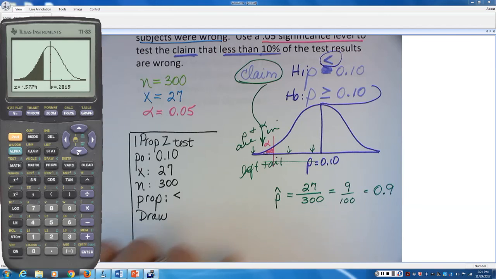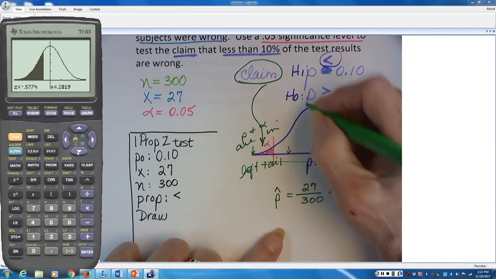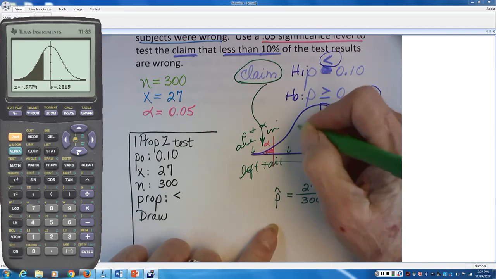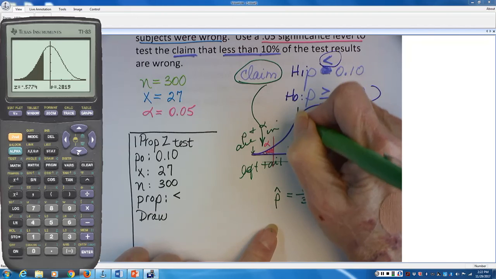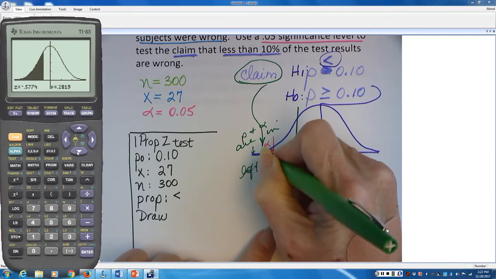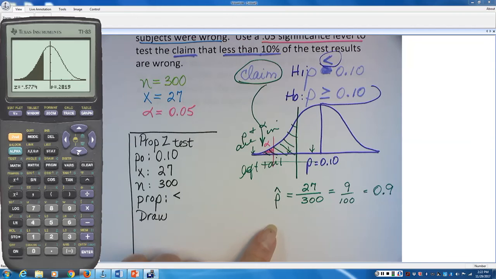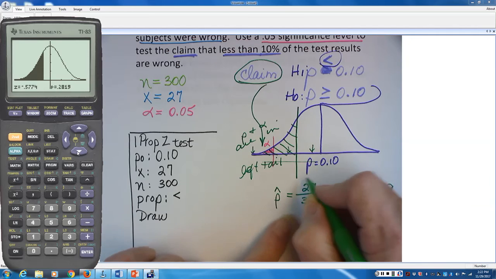The result of the test says that the area in the left tail is 28.19%, and the test statistic is negative 0.5774.